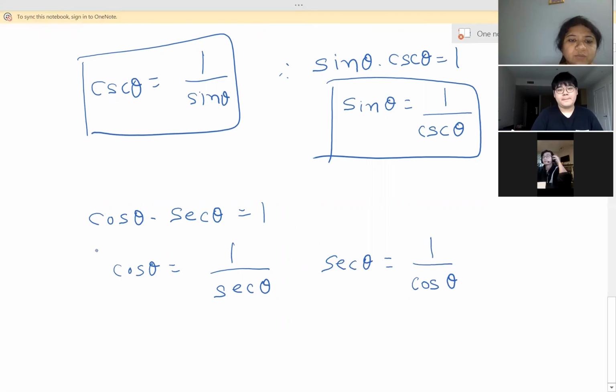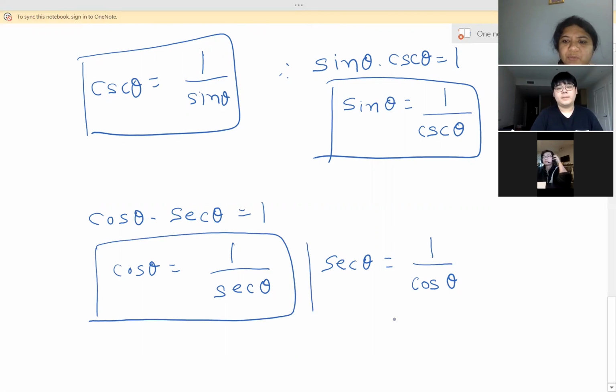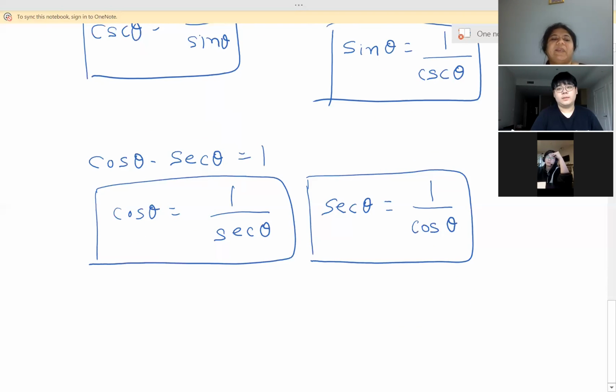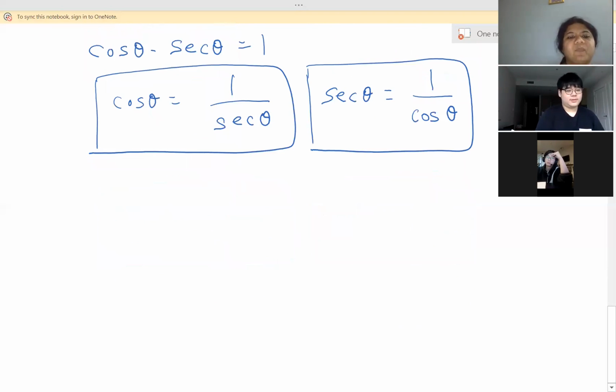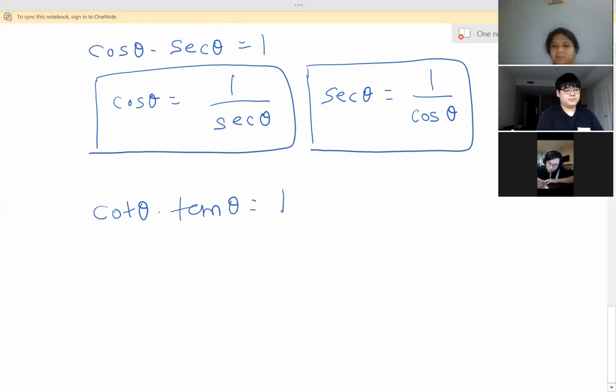So let me make a square here too. Then the next one would be cot theta times tan theta is equal to 1. So I can isolate cot theta as well as tan theta. Yes, Jaren, if I want to make a formula for cot theta, what can I write?